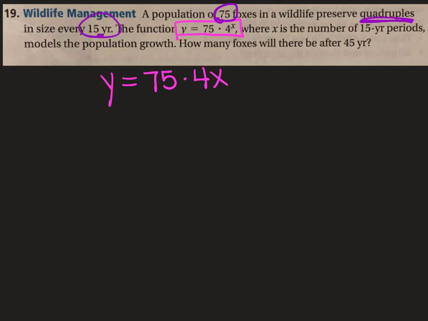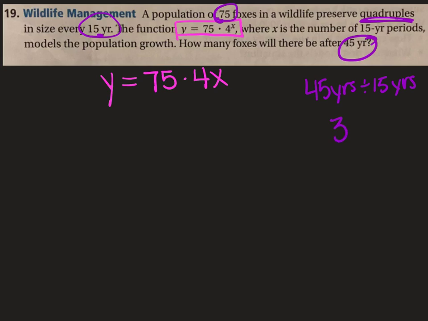So we have to keep that 15 years in mind, and they're asking for it over a 45-year period. So it's 45 years, but they're saying that this occurs every 15, so we're going to divide that number by 15 years.